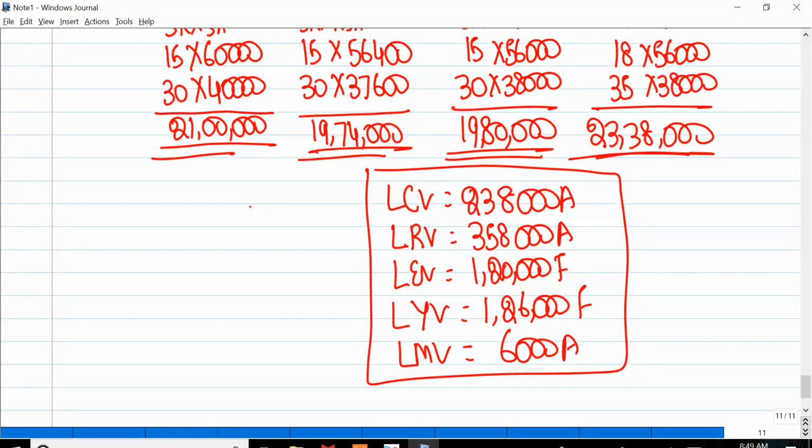Complete this problem. With that, we'll end today's session. Complete this. Let me know if there are any doubts.